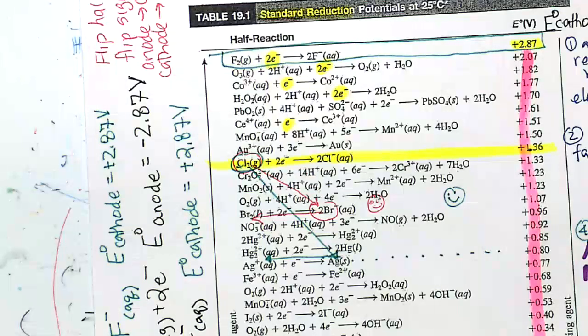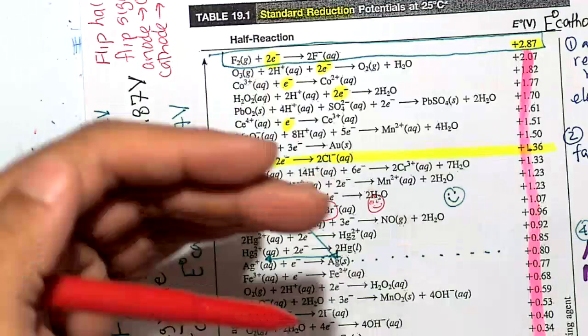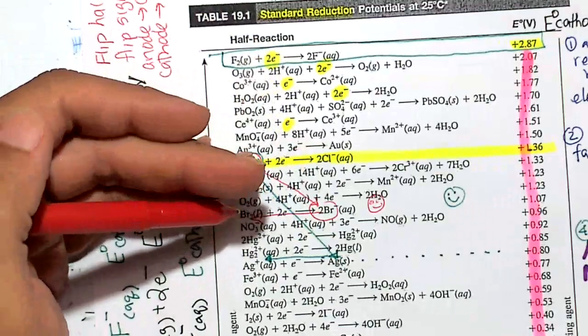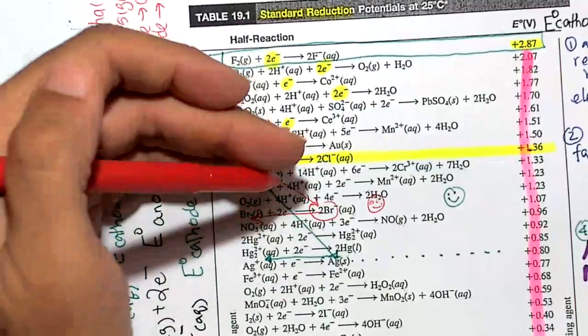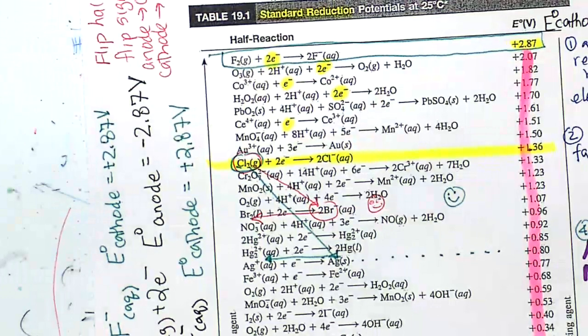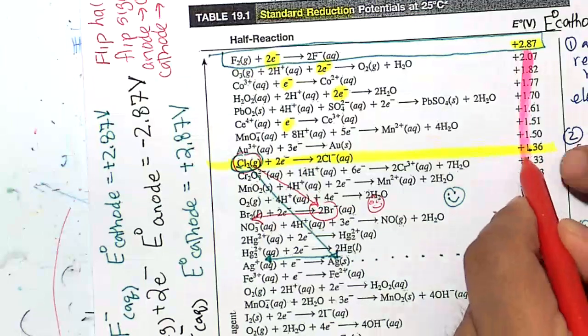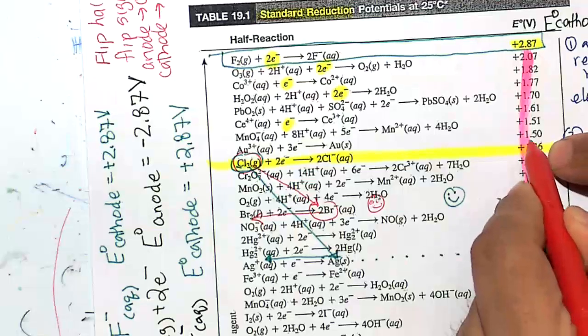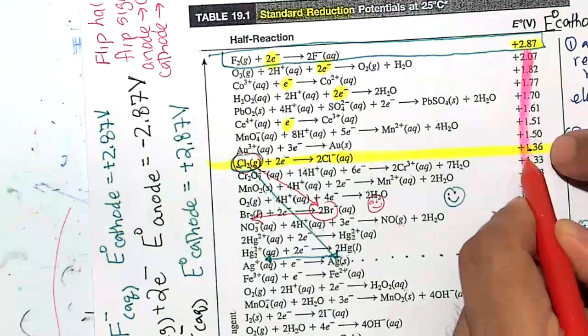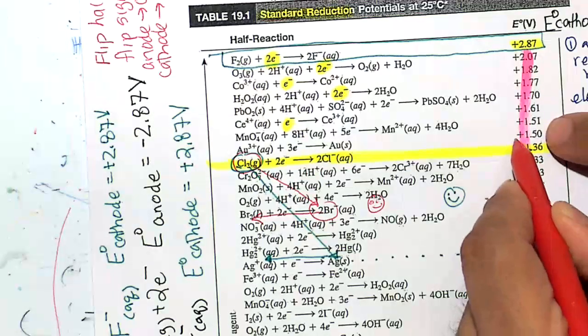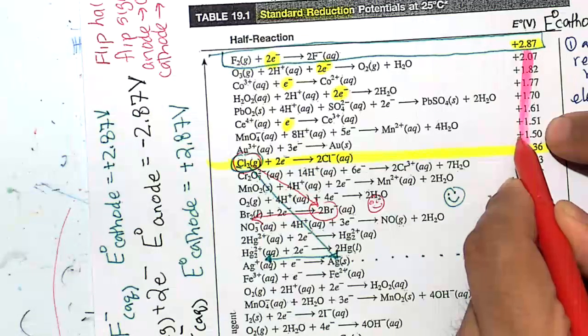What's the second way? Like I said, pick one, anyone. This is the one I chose. Can it oxidize the one above it? Can it flip the one above it? 1.36. If you flip the one above it, it becomes minus 1.50.